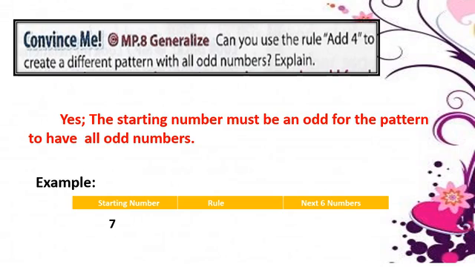I'll be using 7. 7 is an odd number and the rule is add 4. Look at the next 6 numbers. What can you say about them? As you can see, they are all odd numbers.